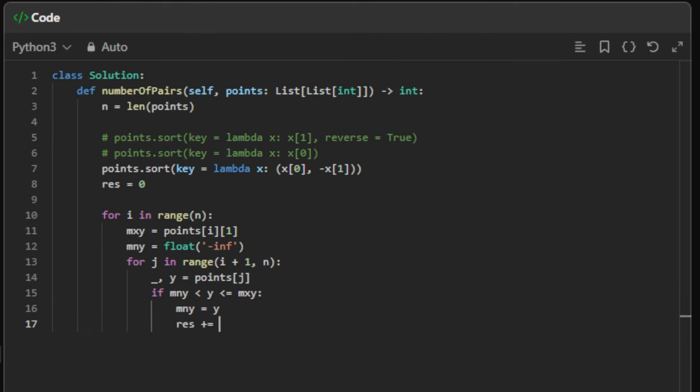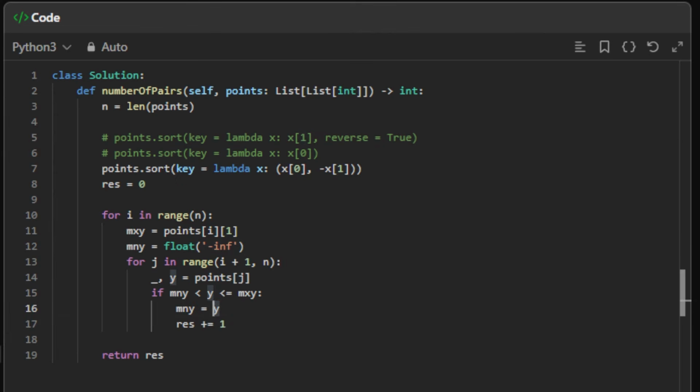We add 1 to the result, and finally we return the result. And remember that the borders also count. That's why here we use smaller or equal to maximum y. And here we use greater than because we start from minus infinity. If it's greater than minus infinity, we add 1 to the result and we update y.